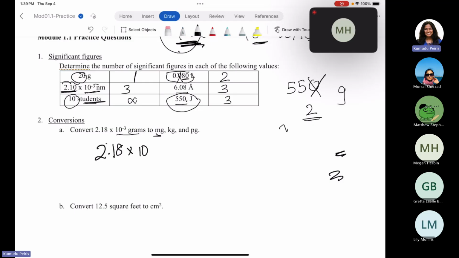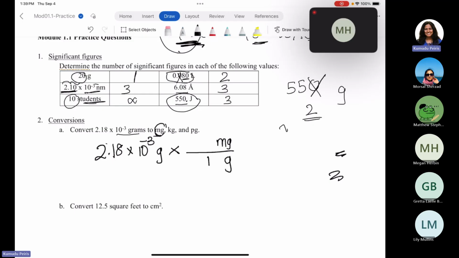2.18 times 10 to the negative third grams, multiplying by, now we'll use the conversion factor. So here the value is given in grams. Therefore, you should get the grams into the denominator. And what you are trying to convert it into should be in the numerator.